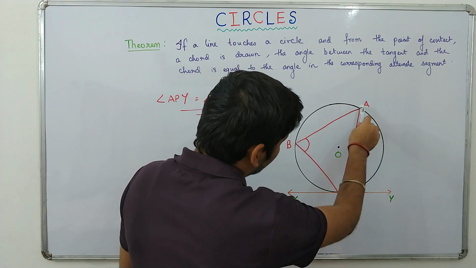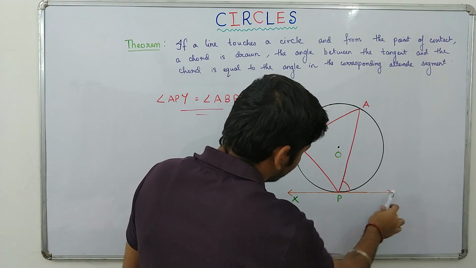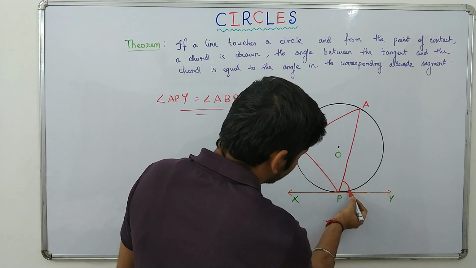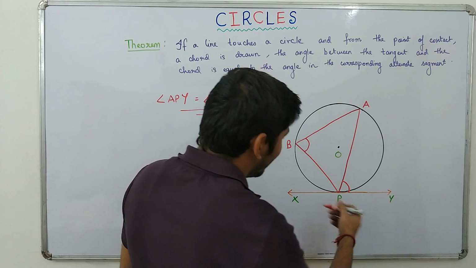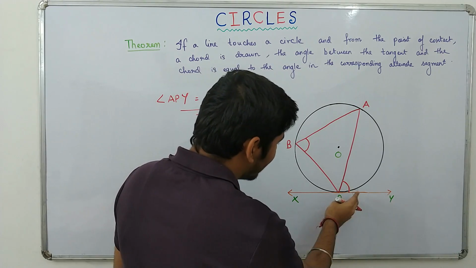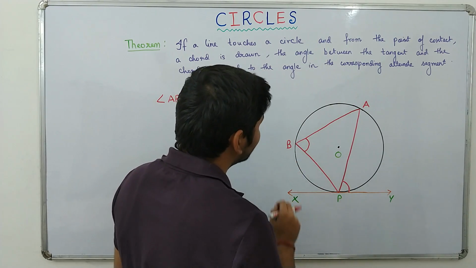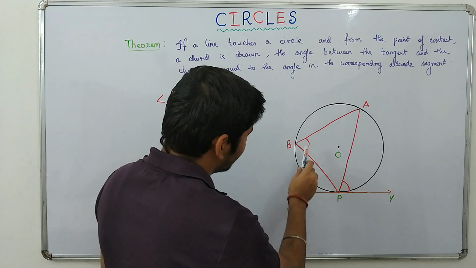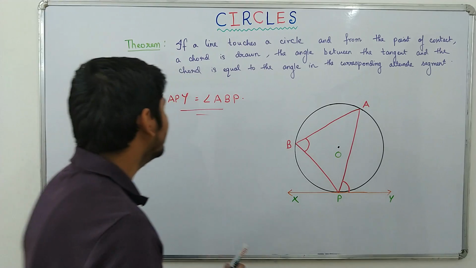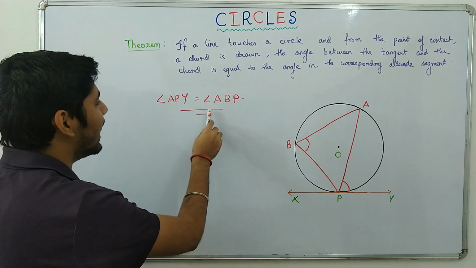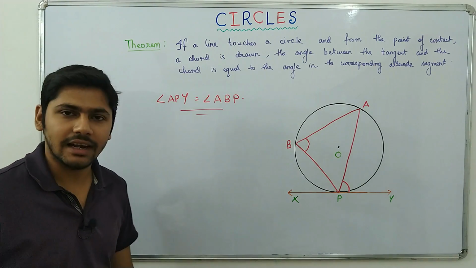Now the chord and the tangent make an angle, which is angle APY, and according to this theorem, this angle will be equal to the angle in the corresponding alternate segment, that means this angle over here. So we get angle APY is equal to angle ABP, as simple as that.